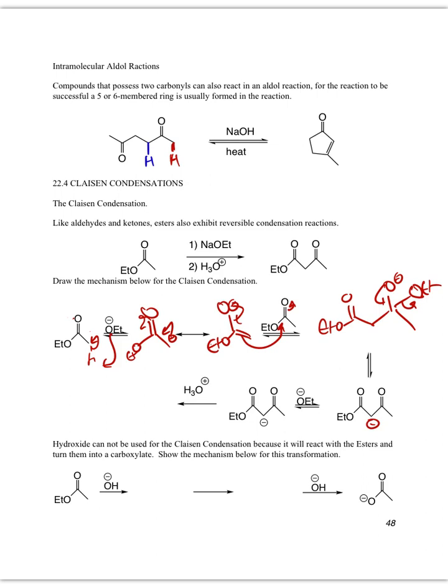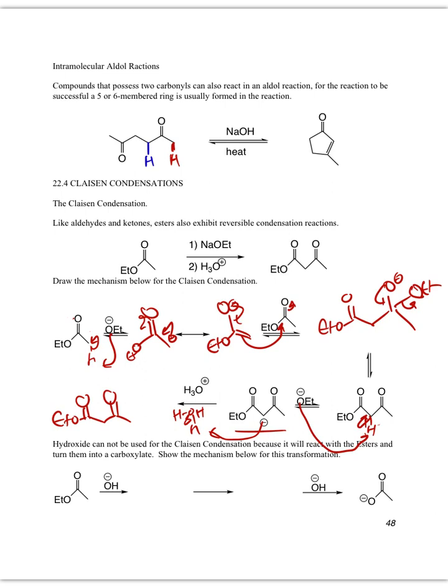The beta keto ester has an acidic hydrogen there, so we can have ethoxide come pull that hydrogen off to make the enolate. And then in the second step of this, we add acid, and the acid protonates the central carbon, and we get our product, the beta keto ester.